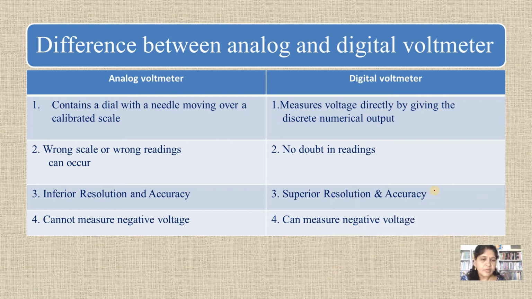So if you want to read a value, you will get something like 21.101 volts. But in the analog voltmeter, we can't read a value like 0.0101 exactly.